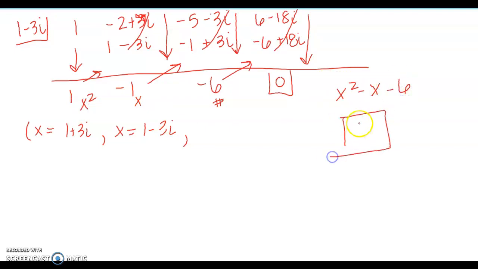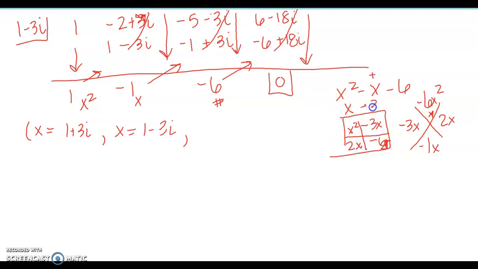We can do our box real quick. Two numbers that multiply to be negative 6x squared. Remember, multiply these, bring them up, and add to be negative 1x. Would be negative 3x and 2x, which gives me x minus 3, x plus 2.